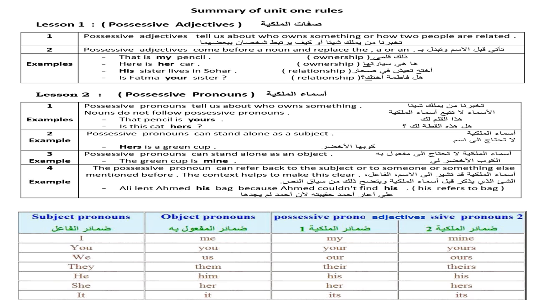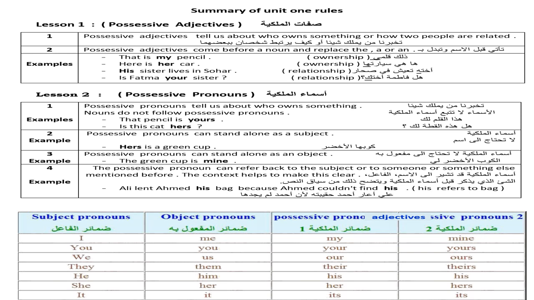Number four, the possessive pronoun can refer back to the subject or to someone or something else mentioned before. The context helps to make this clear. Ali lent Ahmed his bag because Ahmed couldn't find his. He refers here to his bag.